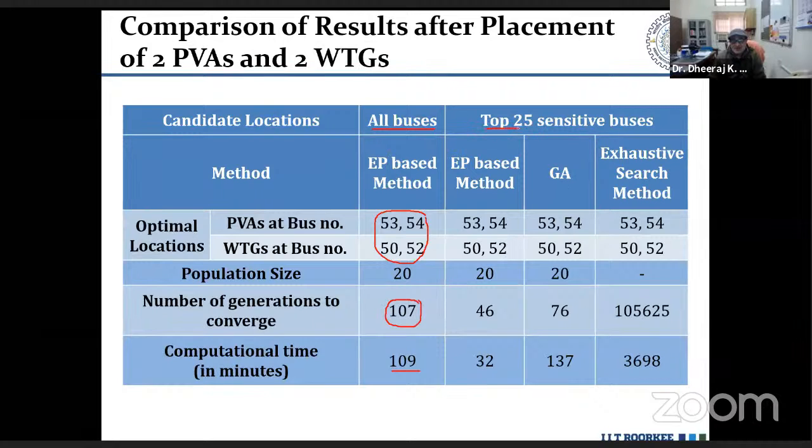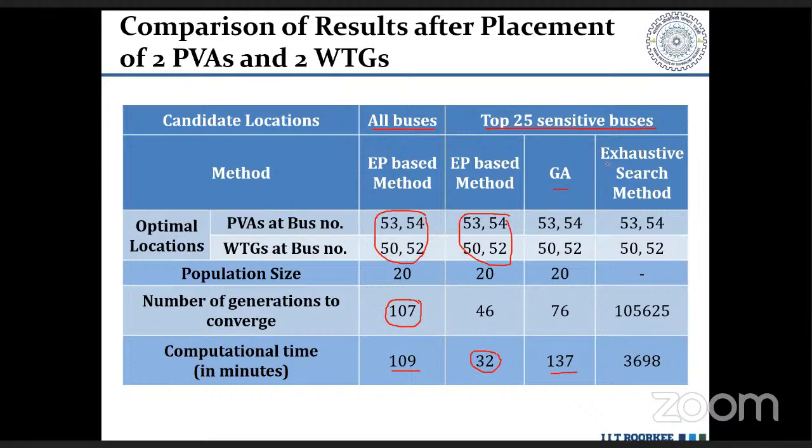If we consider the top 25 sensitive buses identified by sensitivity analysis, the locations are the same, and the EP based method takes 32 minutes, half an hour. GA takes 137 minutes, more than 2 hours.